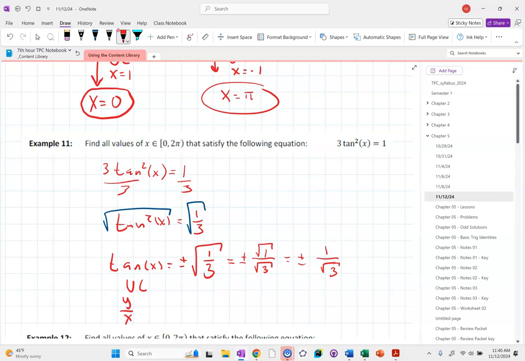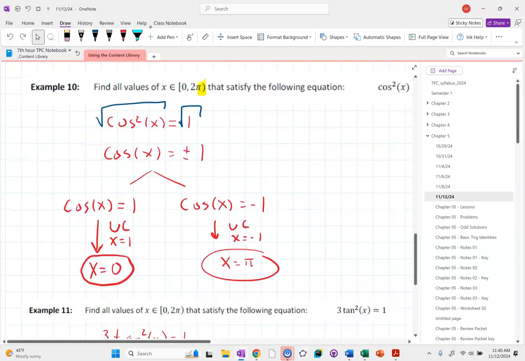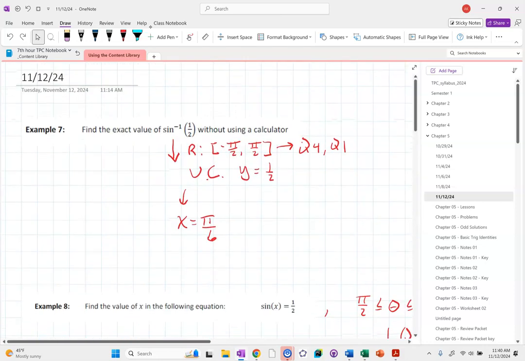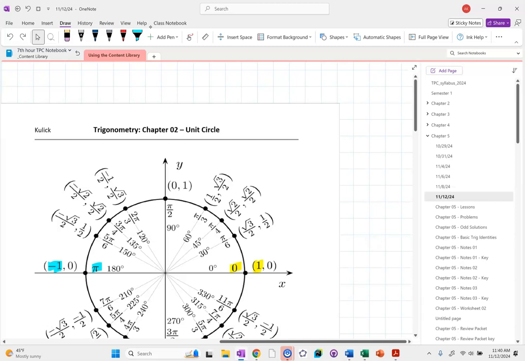The unfortunate part is if I go and I look on the unit circle for a place where y is 1 and x is square root 3, I don't see anything. Let's go show you guys. But what I do see is y can be 1 over 2, and x can be square root of 3 over 2. You guys see that?